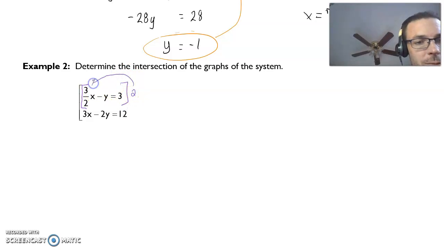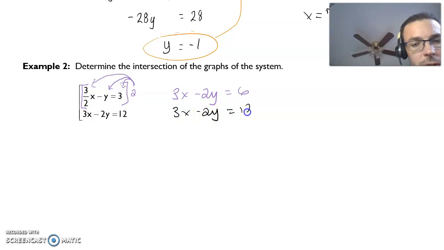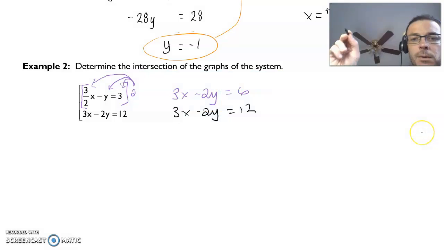That way when I distribute a 2 into here, 3 halves times 2, I get 3x. Distribute the 2 into here, I get minus 2y. Distribute the 2 into here, I get equals 6. That's clearing that fraction. And then I have 3x minus 2y equals 12. We'll fix that here in a moment.